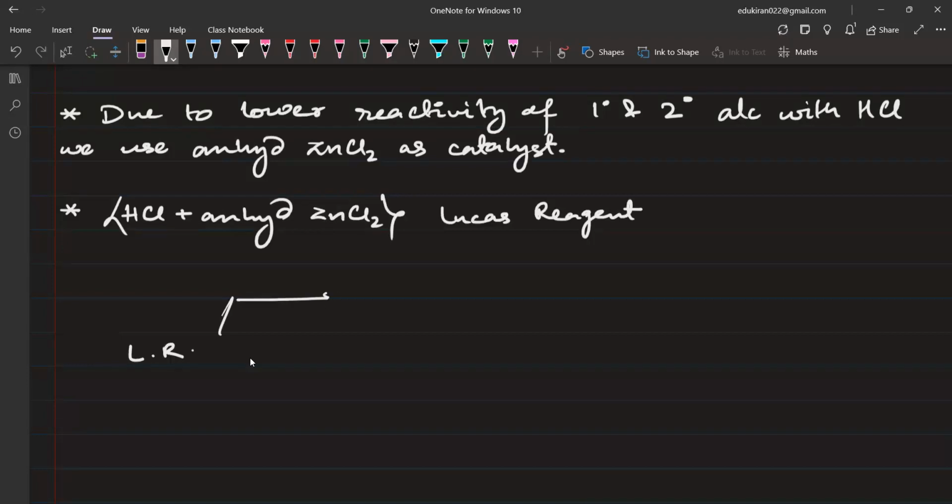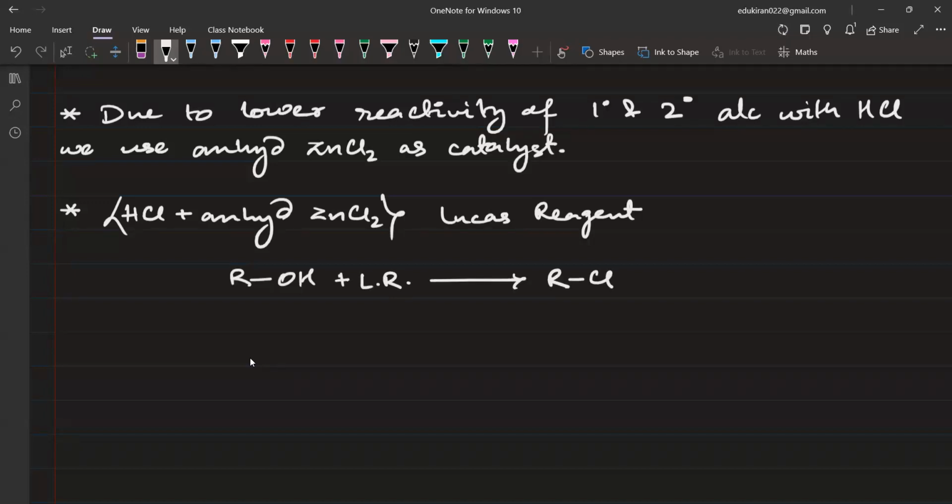Now, if we have Lucas reagent and you treat this with 1 degree alcohol, then what are you going to get? You are going to get turbidity. अच्छा एक पहले आप लोगों को शायद याद ना हो, maybe. See, any alcohol plus Lucas reagent, it is going to give you RCl, that is having white PPT.